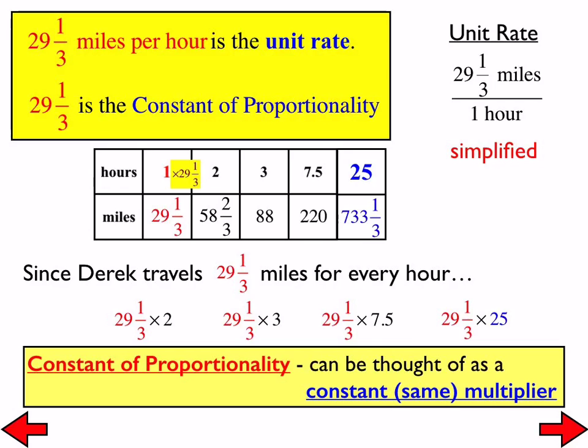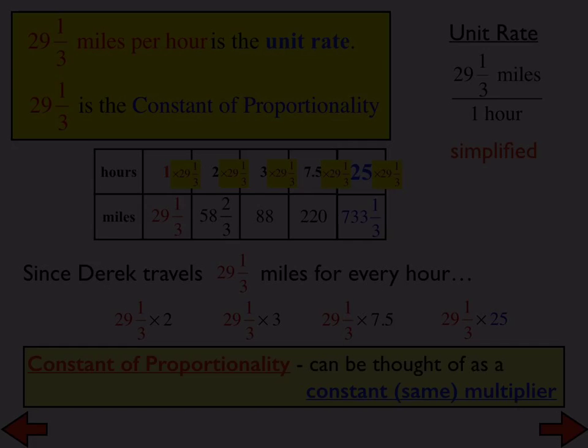So for 1 hour, 1 times 29 and 1/3 is 29 and 1/3. For 2 hours, multiply by 29 and 1/3. For 3 hours, multiply by 29 and 1/3. For 7.5 hours, same thing. For 25 hours, same thing. So the constant of proportionality can be thought of as a constant or same multiplier. It's the number you're multiplying by every single time, as I just showed you right there. Okay? And we derive that from finding the unit rate.